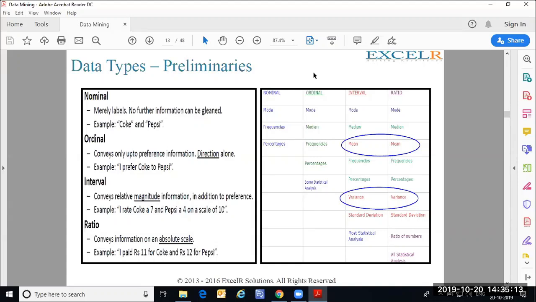And moreover, when it comes to the arithmetic operations, we can perform additions and subtractions on the interval data, but not multiplications and divisions. Moving on from interval to ratio.